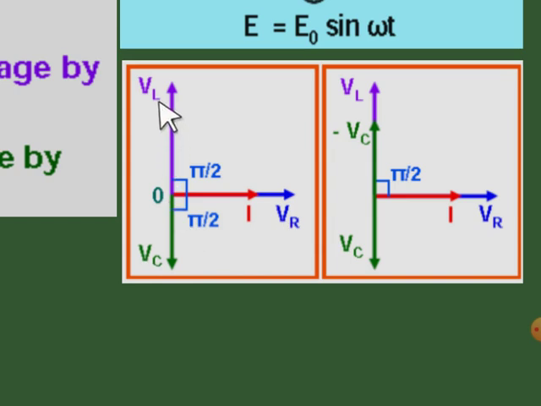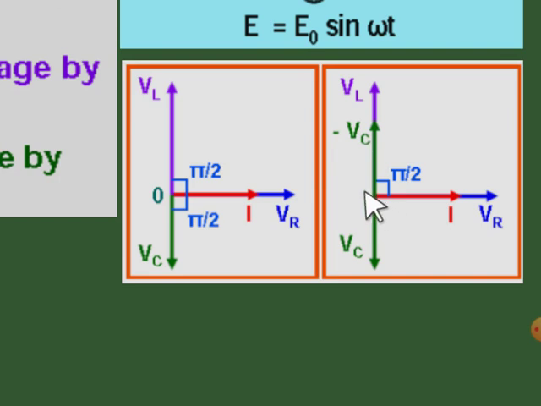Now if VL is greater than VC and we try to bring VC onto this side, we put a minus, since VC is a vector quantity, a phasor, a rotating vector. To take it in the opposite direction, you put a minus and take a vector of equal length in the opposite direction.